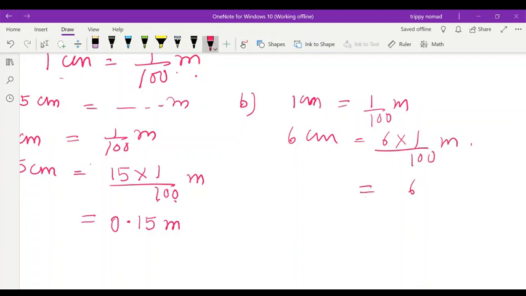That is 6 upon 100. For 1 you will put a point. After that 2 zeros are given, so you will put 2 digits. If I put 6 here, the other place I put 0, which is not having value, but here you have to put 0. So the answer will be 0.06 meter. I hope you understood.